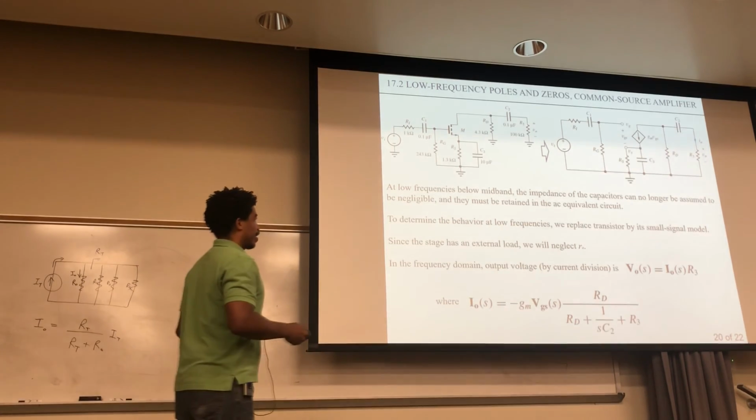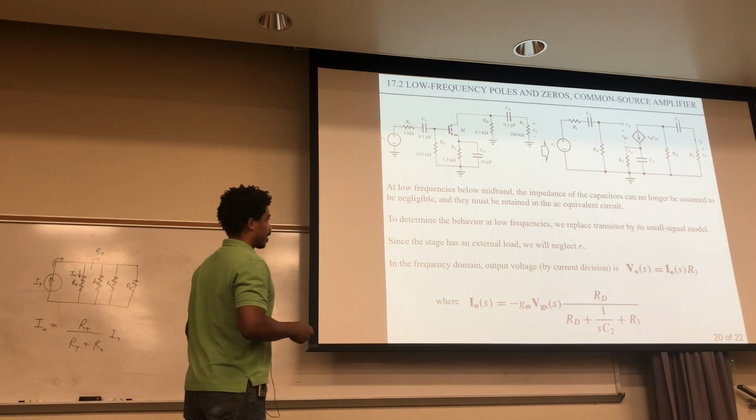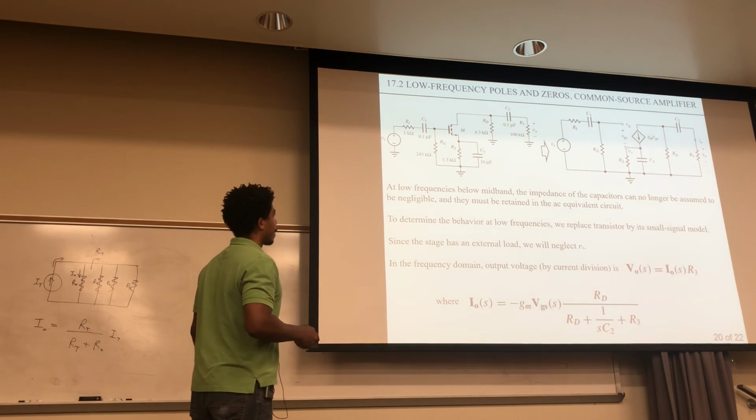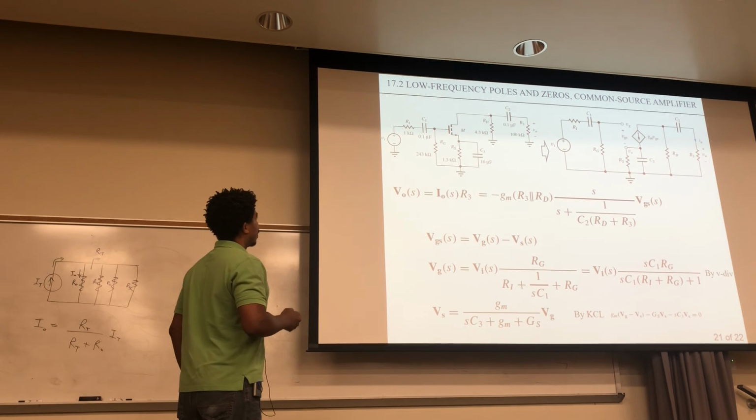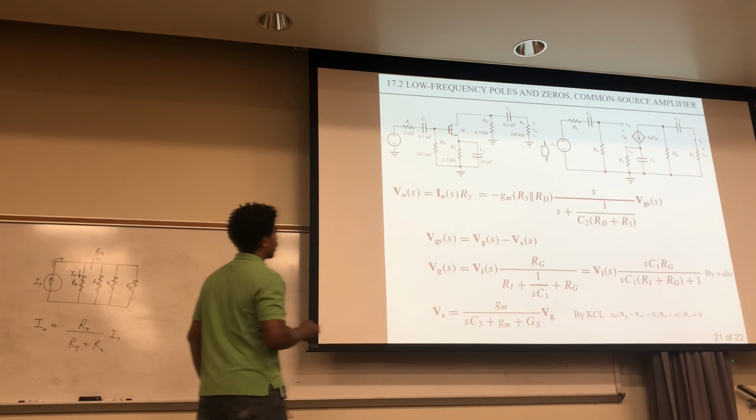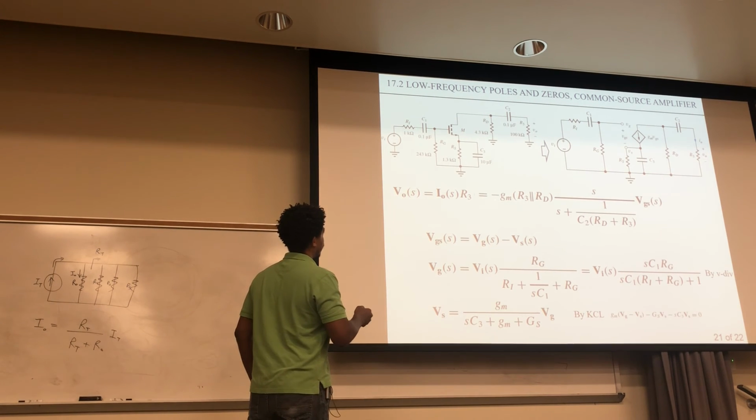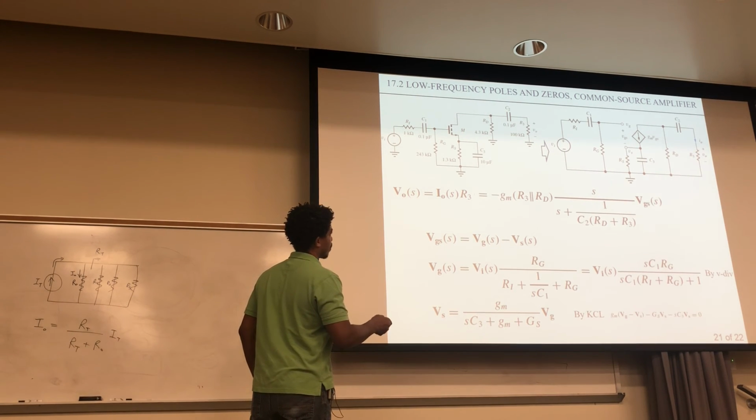Okay, so what you do is take this and plug that into here. And in doing that, you get this expression, right? So this I0 is substituted with this stuff right here.